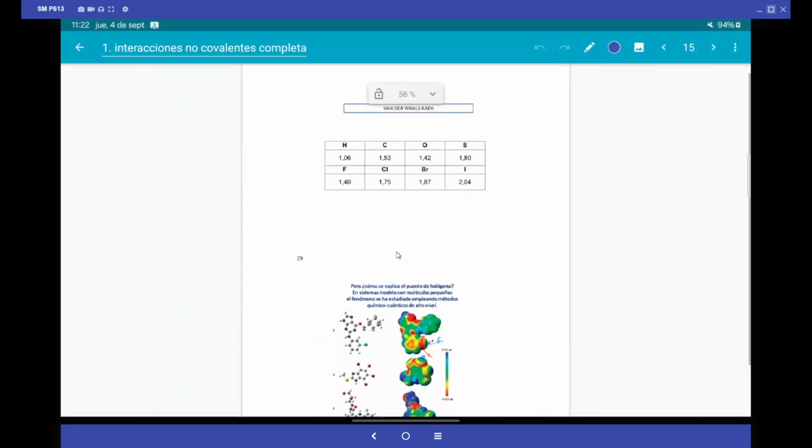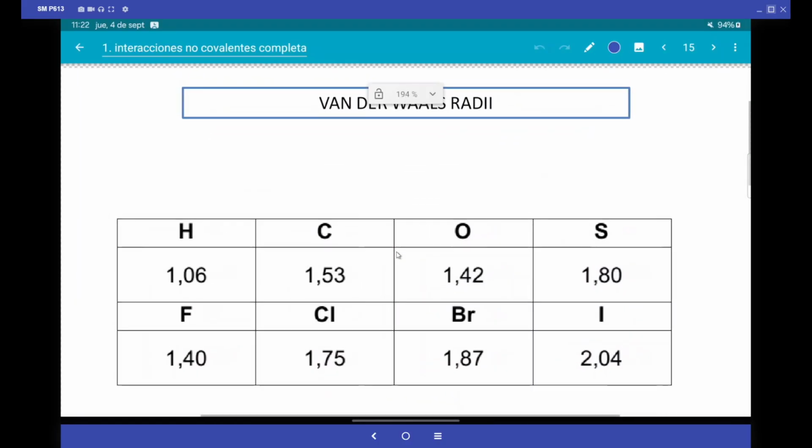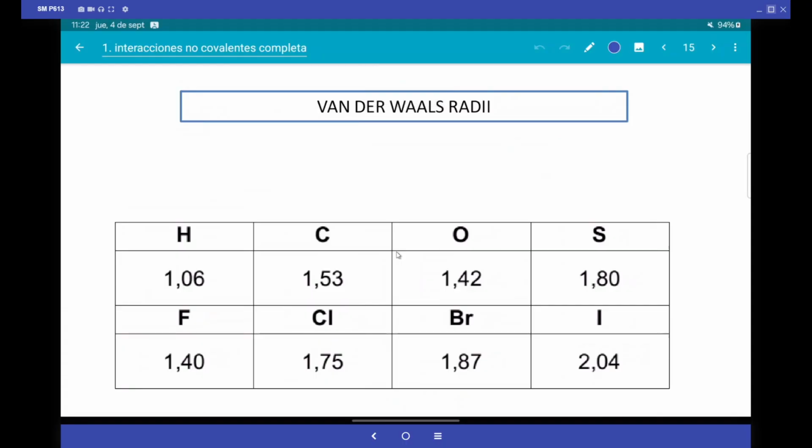And to be able to understand the interaction, remember this: the halogens are large atoms, except the fluorine, because fluorine is the only atom in the periodic table that is similar in size to hydrogen. Fluorine and hydrogen are of similar size. This is expressed in angstrom.